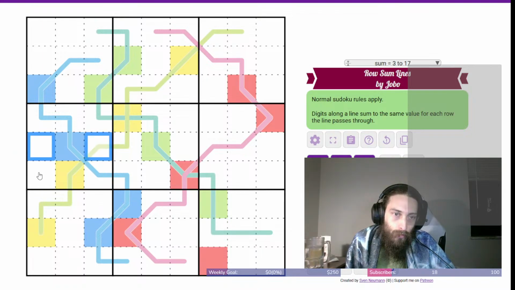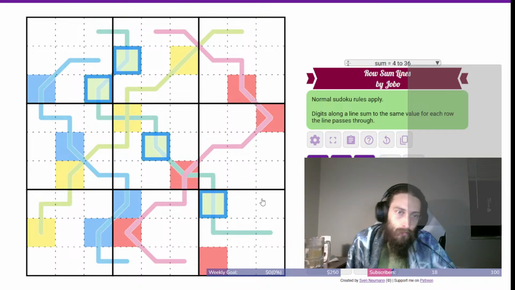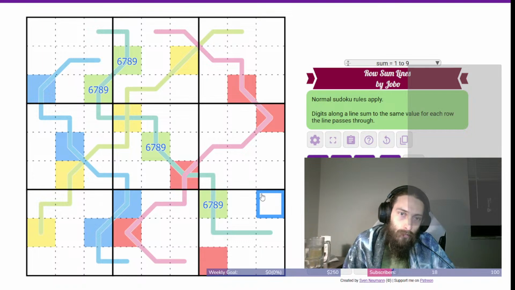Red has to be one of those two. Yellow and green are different.